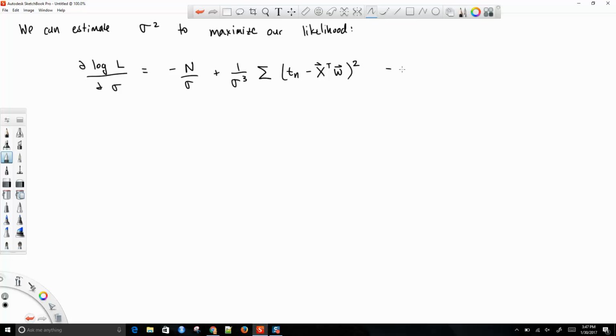We can set this equal to 0, and then solving for sigma squared, I end up getting sigma squared is equal to 1 over n, the sum of t sub n minus x transpose w, squared.